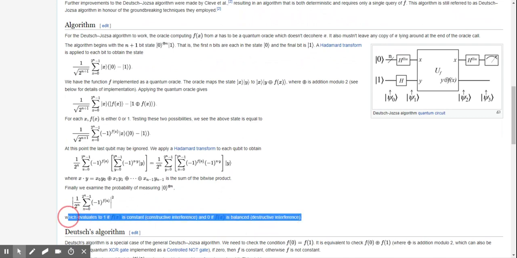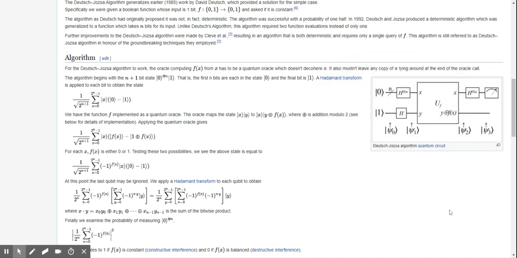Which is how do you read the answer of this, right? So let's put it this way. I guess the idea, let's try to reason that. So let's say this function is constant, so it outputs all the time zeros or ones, regardless of your input in here.